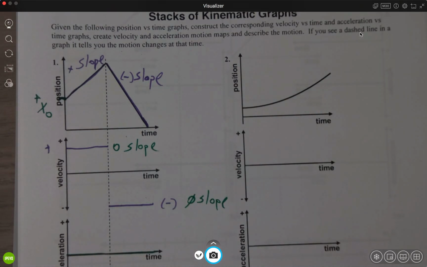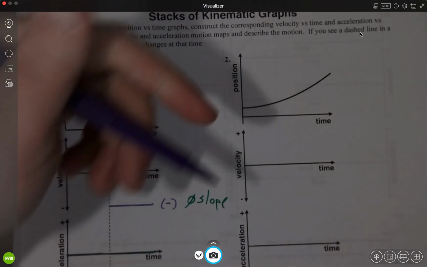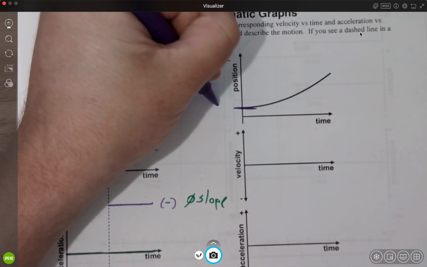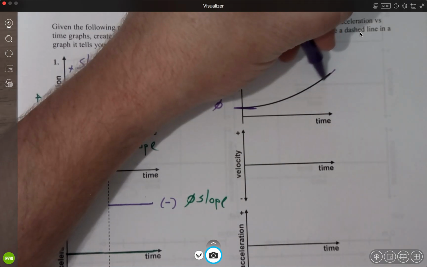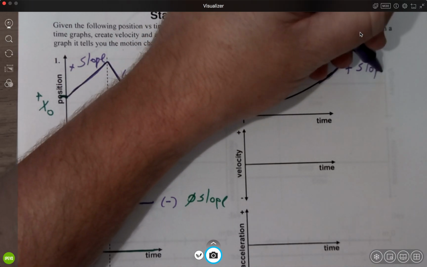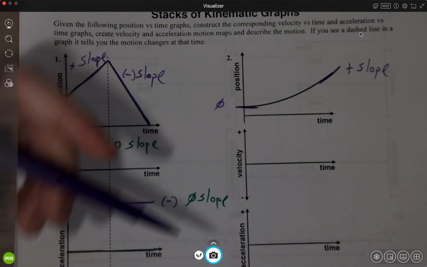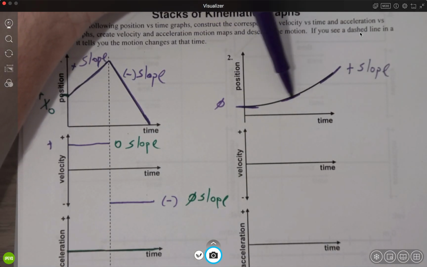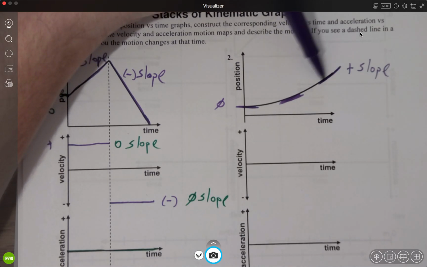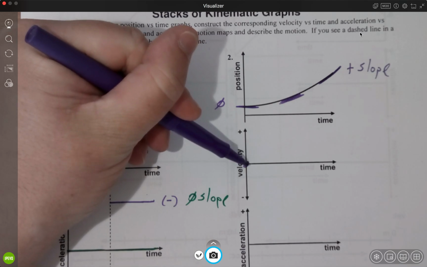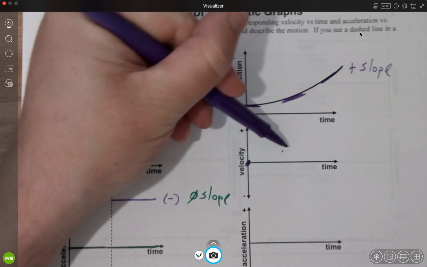Then as we look here to number 2, we're going to apply the same principle, where this slope right here is a 0 slope. The slope at the end is a positive slope. So 0 in the beginning, then getting positive, more positive. Our velocity starts at 0, then it's more positive and more positive.